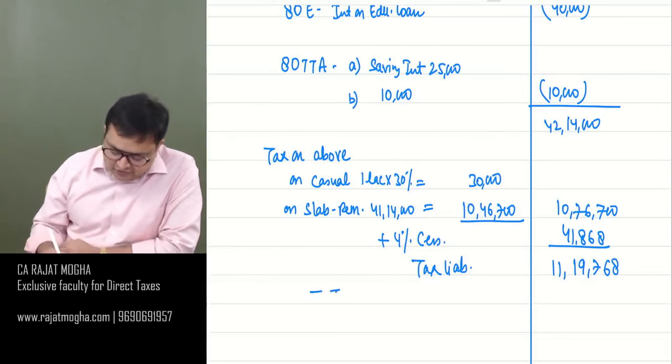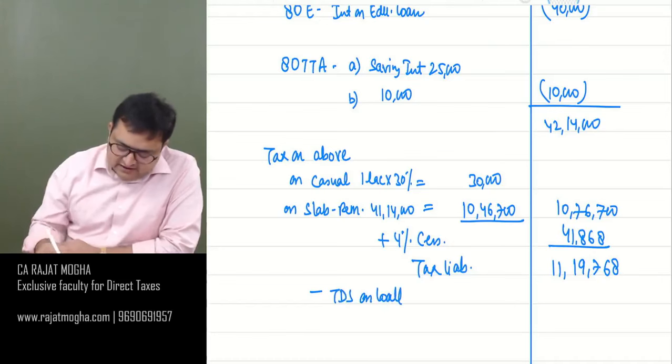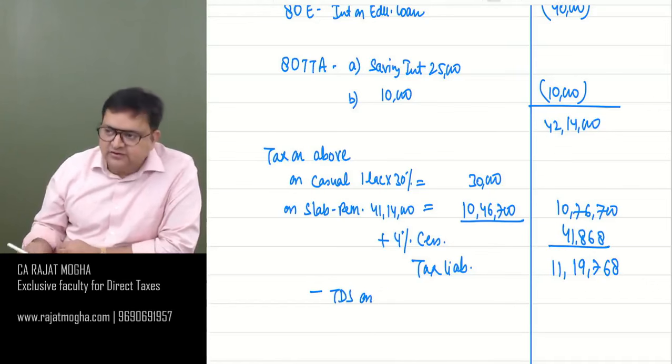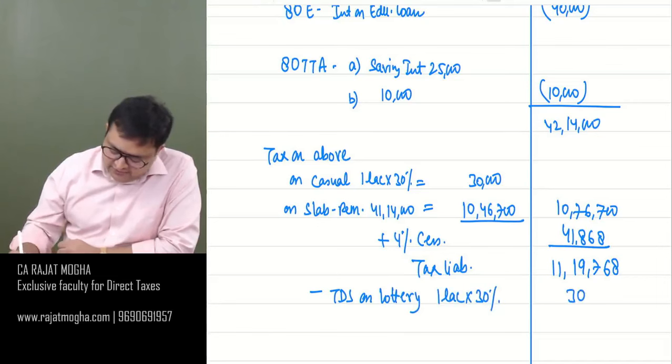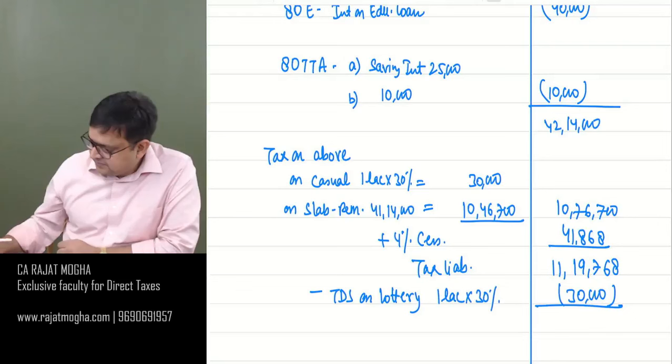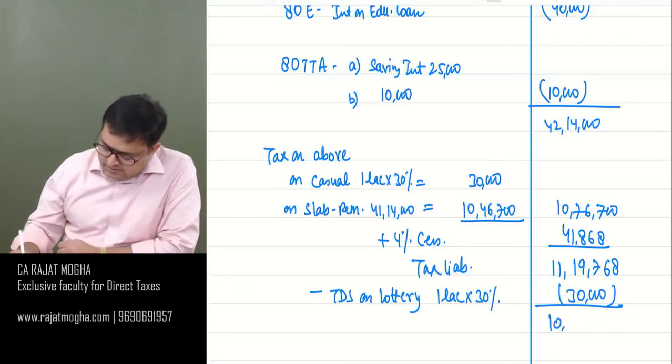So there is a TDS on lottery. See, obviously, we understand if we get a lottery of more than 10,000 rupees, 30% is the TDS. So it is 1 lakh rupees the lottery. So TDS on lottery, 1 lakh at a rate of 30% would have been deducted. 30,000 we can subtract from here. 10 lakh 89,768.